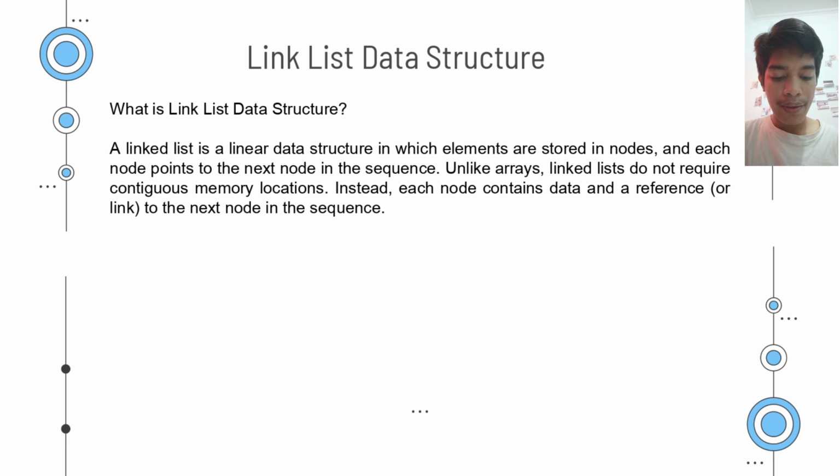Unlike arrays, linked lists do not require contiguous memory locations. Instead, each node contains data and a reference to the next node in the sequence. Okay, this linked list data structure is about the arrangement of the nodes that point to the next one, using the reference.